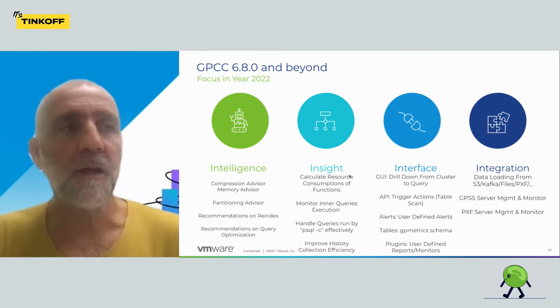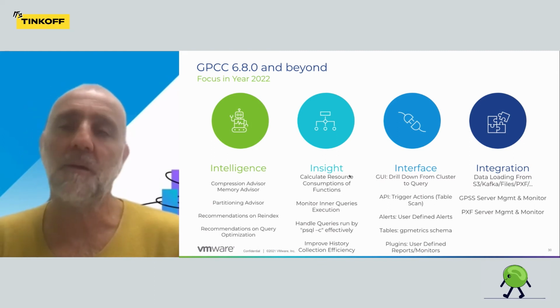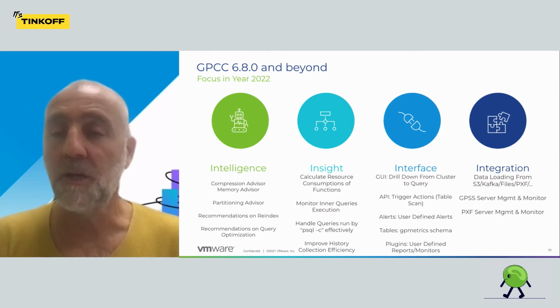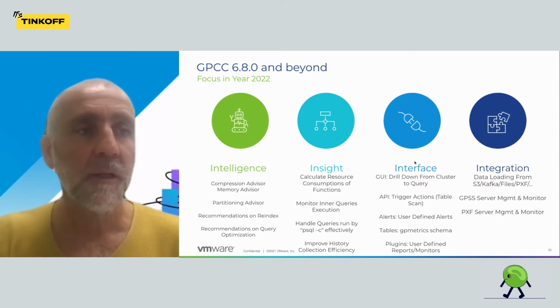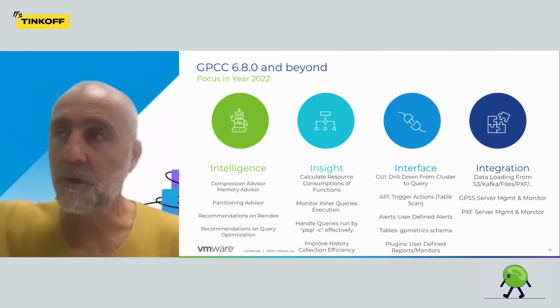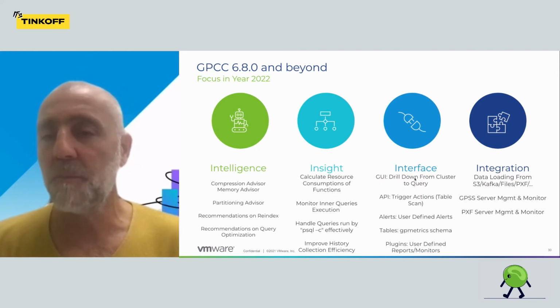The second pillar is about insight. So as I told you, one of the main requests is to get information regarding the inner query and the function. Regarding the interface, we want to provide the ability to drill down directly from the cluster view to the query, and also to make Command Center available from an API.